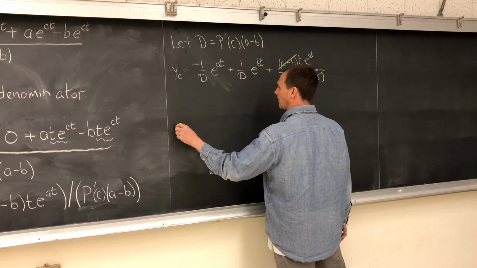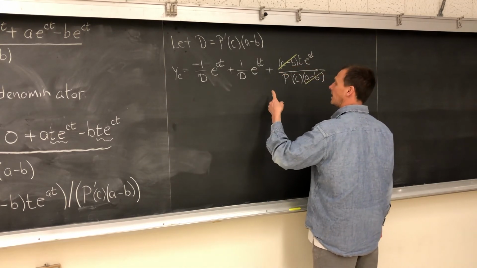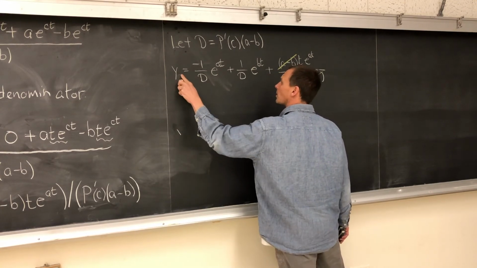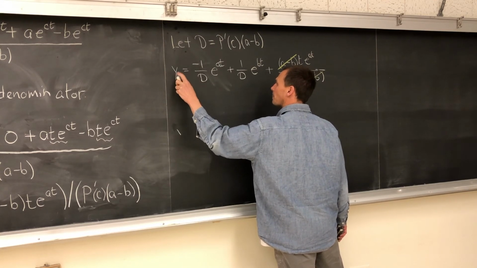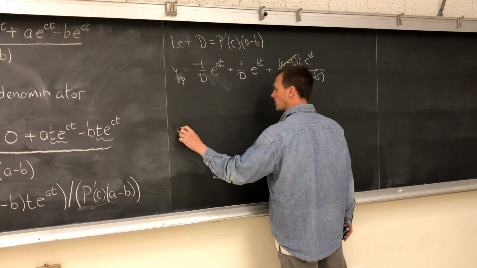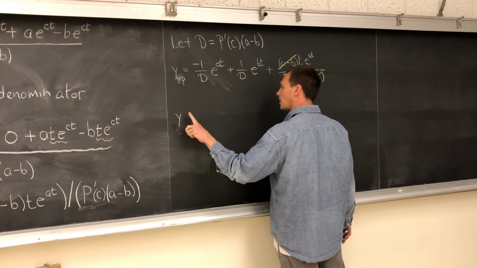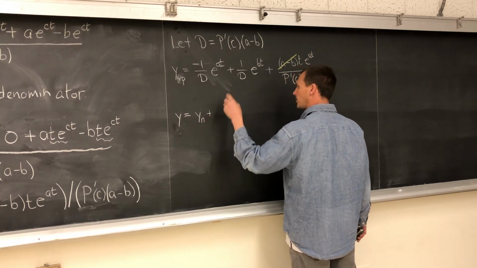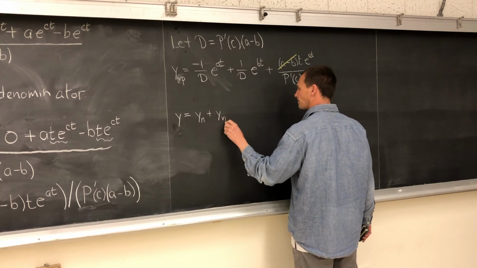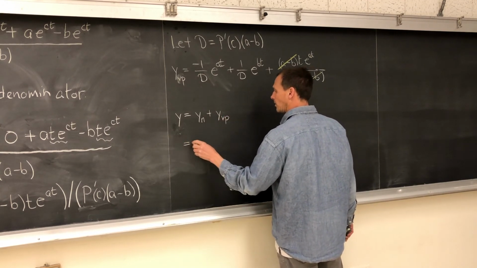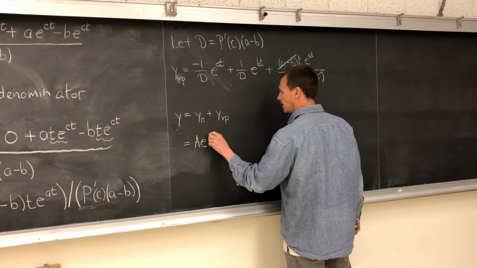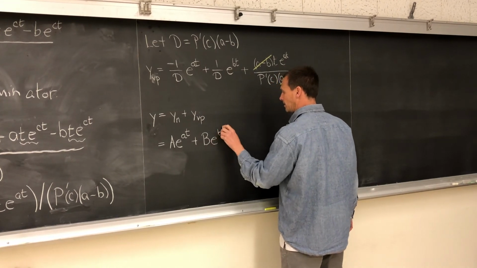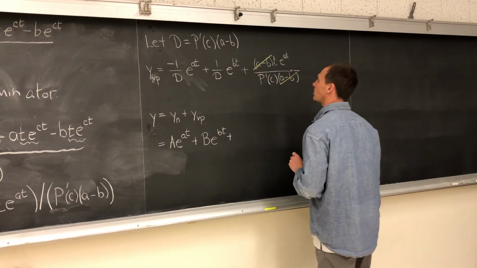So let's write this out. If I was to go back and rewrite this as my complete solution, we'll call this our very particular solution. If we recall, our solution is the null solution plus, in this case, our very particular solution. Well, our null solution, we know, was capital A e to the at plus capital B e to the bt, plus, now our very particular solution is all of this.